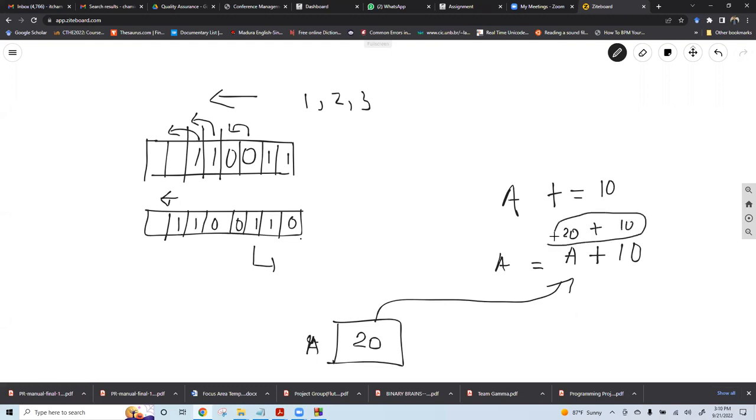The result would be 30. Assign it to a. This value would be assigned here, overwriting the old one.